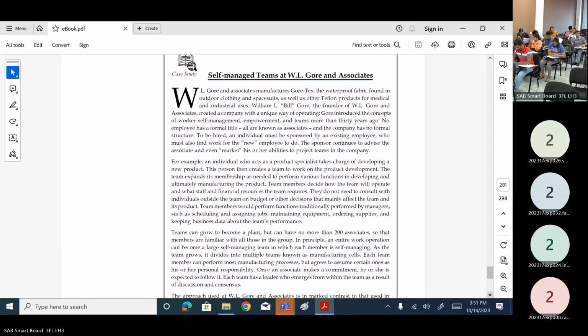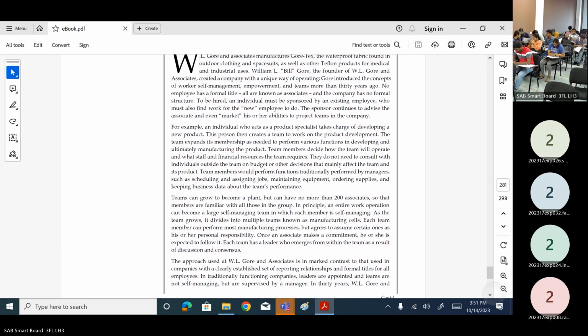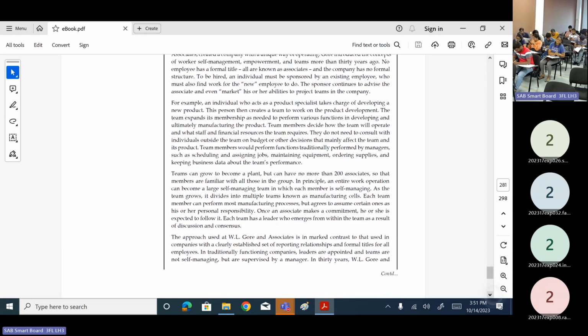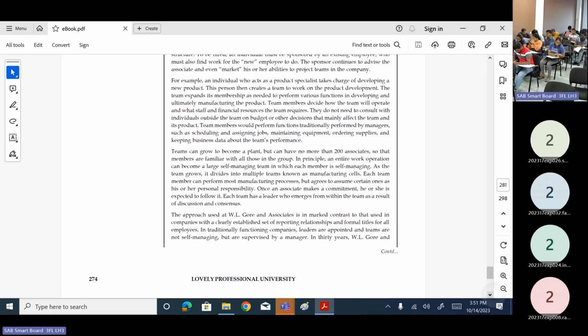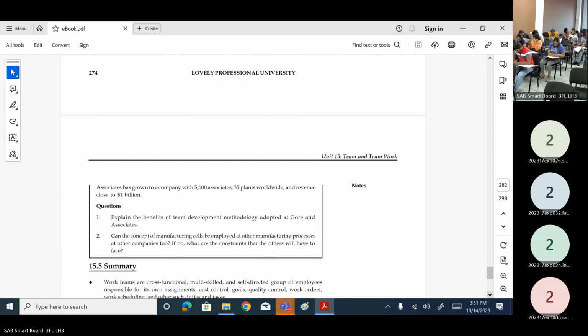In India. Are there questions given at the end? Case questions. What are the questions? Two questions are given, no? Explain the benefits of the team development methodology adopted here. They may be somewhat similar to the concepts we studied here, or maybe the typical ones.